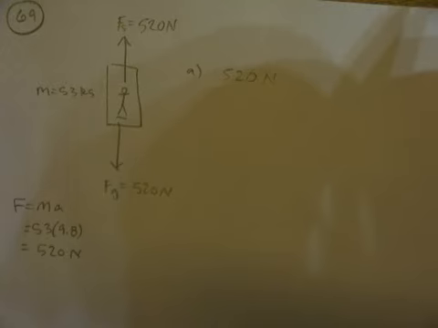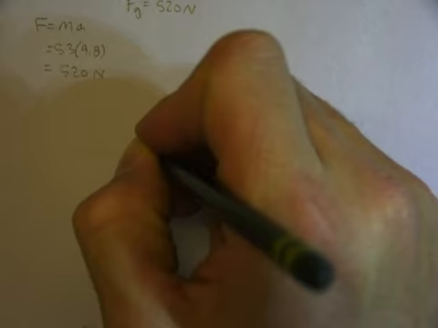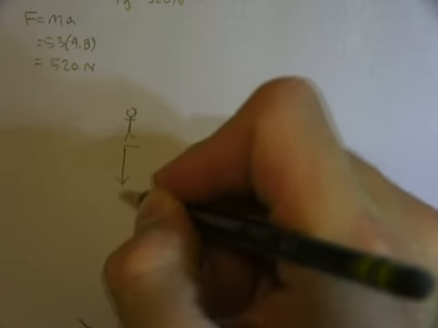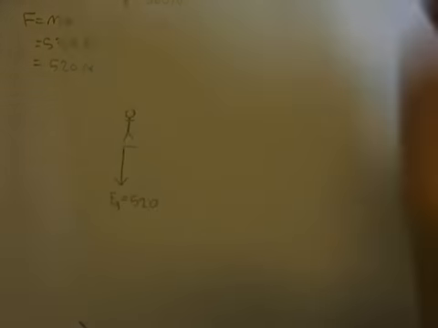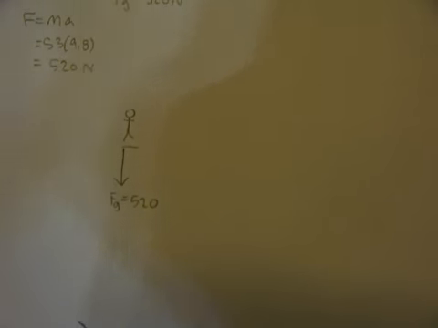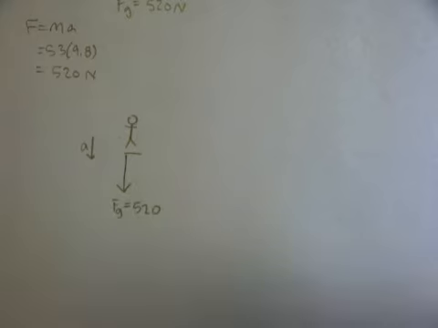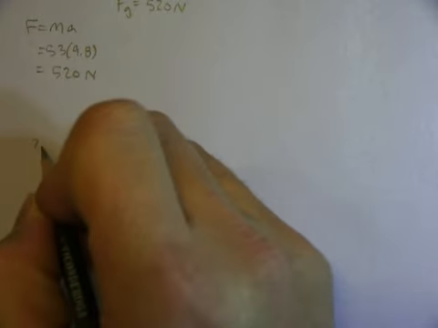Now part B, it says it slows while moving upward. So I'm going to move down here. I'm going to have my same guy standing on a scale. He still has that same weight. Now, it's slowing while moving upward. So it's moving up but slowing down. That means that it's actually accelerating this way, and that acceleration is equal to 2.0 meters per second squared, and they tell you it right there.